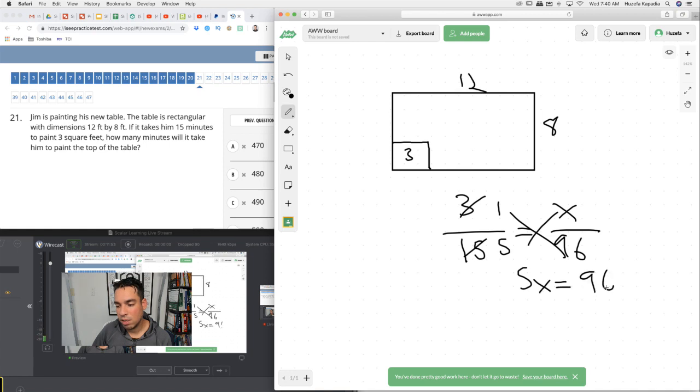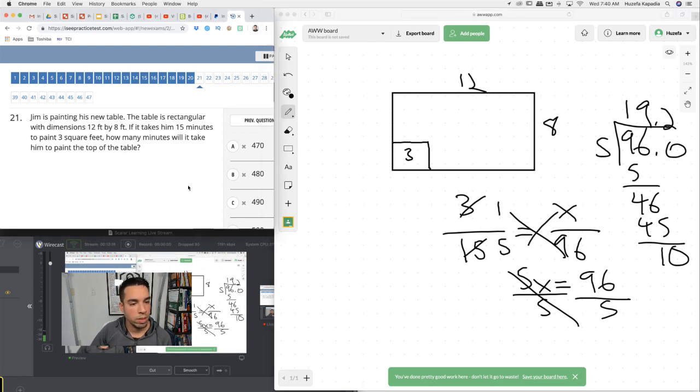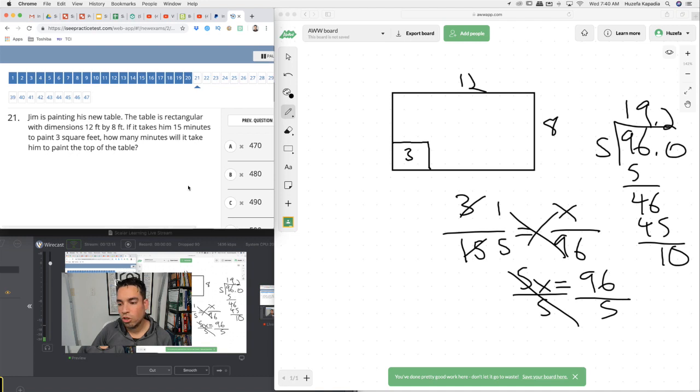5x equals 96. Divide both sides by 5. 96 divided by 5 is 9. Bring down a 0, and it's 2. So 19.2 minutes. Whoa, wait, what? Oh, shoot.